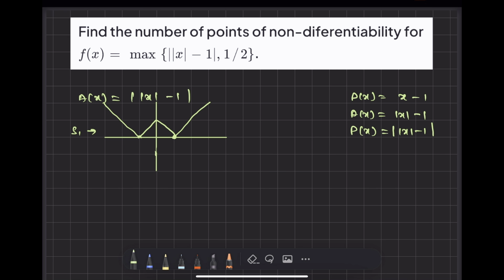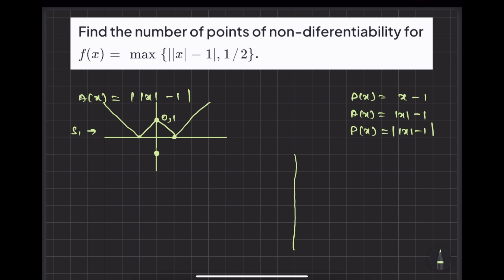Now you know that, like, who was this point? It was x equals to, sorry, y equals to 0. No, this is x is 0, sorry. If x is 0, then it is minus 1. So 0 comma minus 1. So if it is 0 comma minus 1, this point would be 0 comma 1. So this is the graph of the first function.